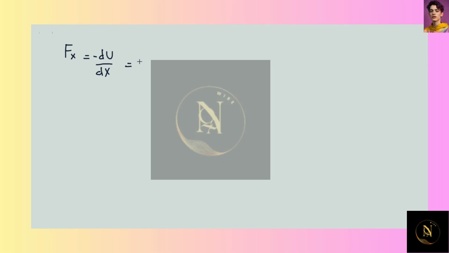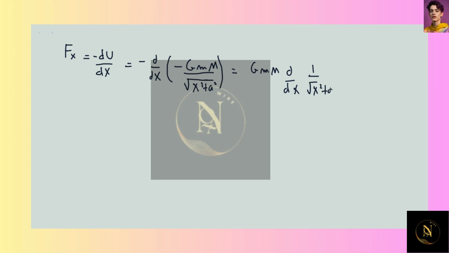So we'll have negative d by dx of U, and we just found that U was negative G little m big M over the square root of x squared plus a squared. So we can pull out all these constants, so these negative signs cancel out, and so we get just G little m big M, and then the derivative of 1 over the square root of x squared plus a squared.